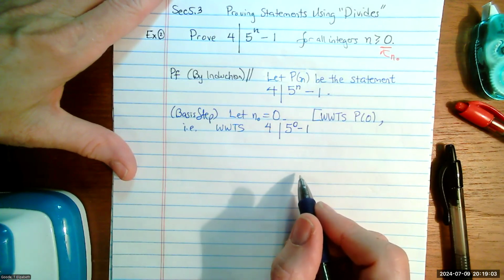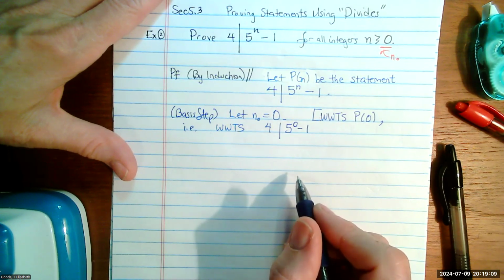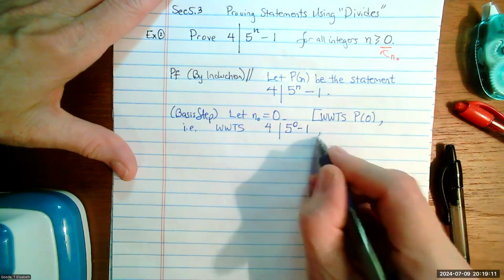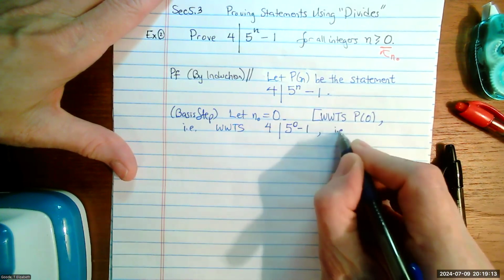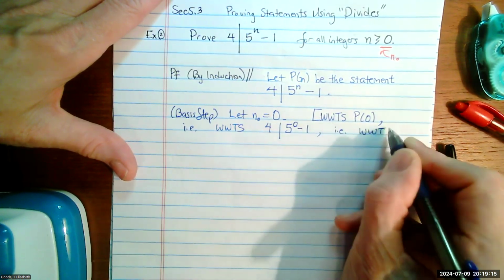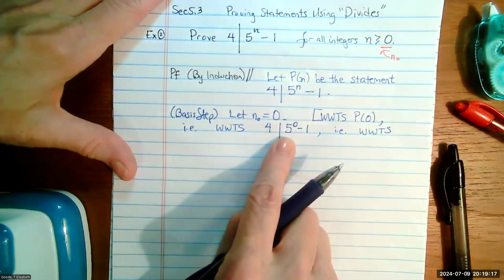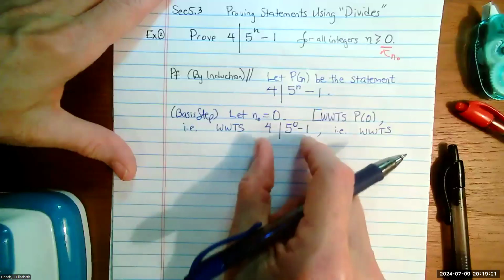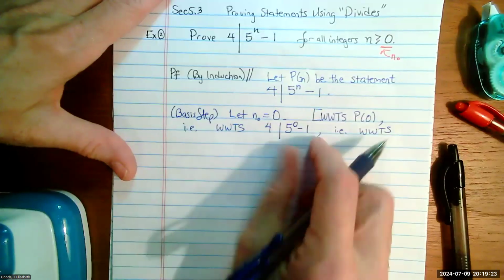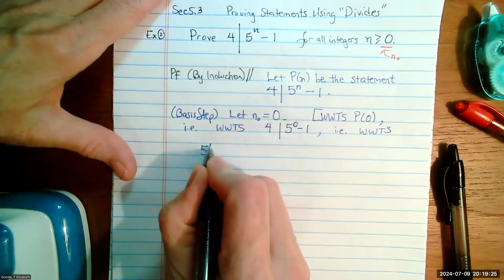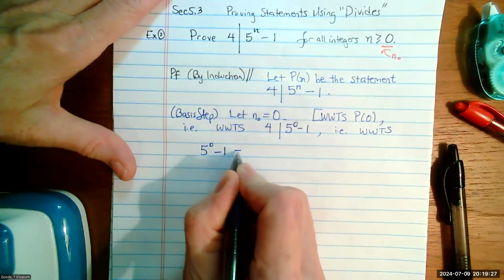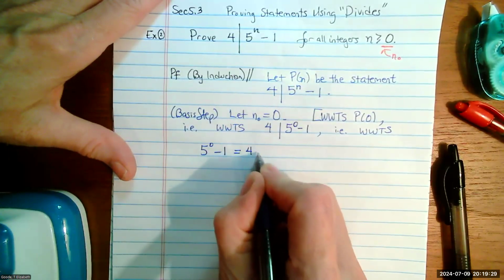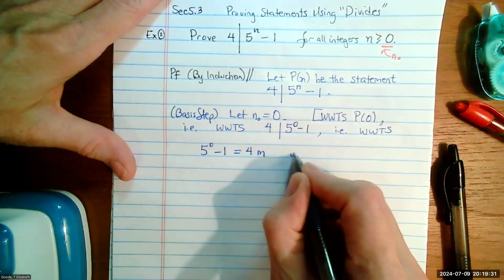But let's dig into our wish just a teeny tiny bit further, because it involves divides, and divides is always noisome, right? So what do we really wish to show? Well, this actually translates to an equation, doesn't it? The concept that 4 divides this expression means this expression, 5 to the 0 minus 1, is a multiple of 4, right?